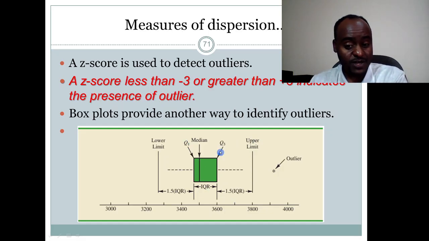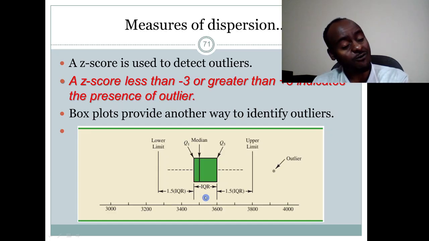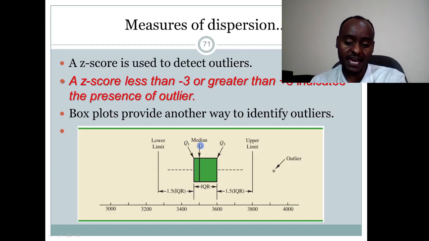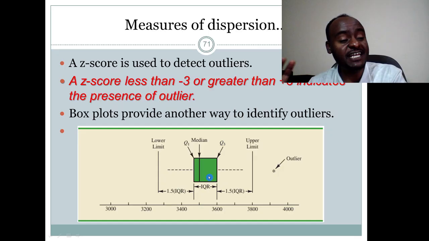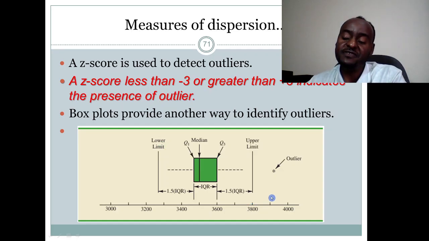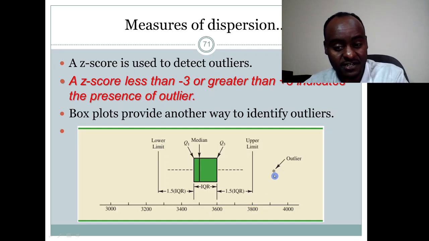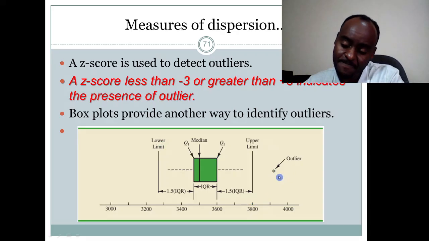The difference between the third quartile and the first quartile is the interquartile range, and the line between them is the median. If you have any data points outside the lower limit and upper limit, then that data point is an outlier. For example, here you see, this is an outlier.